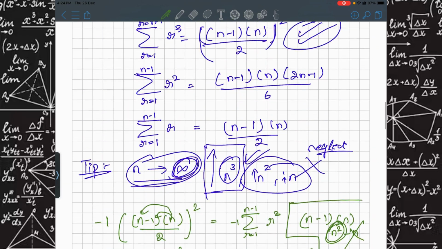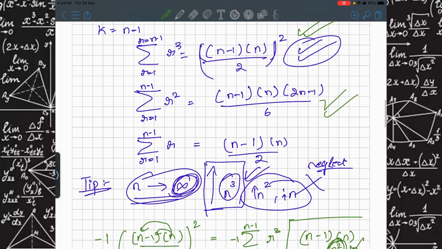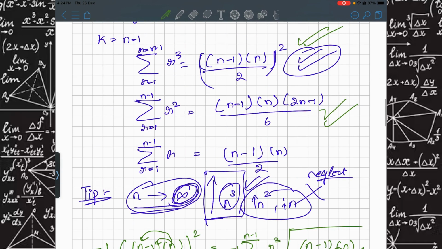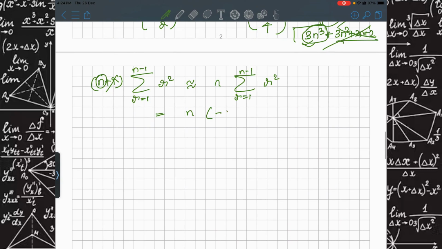So we have already computed the value for r square, which is this. Just multiply it. n times n minus 1 times n times 2n minus 1 divided by 6, right? So here n times n, 2 n square, n cube, 2n power 4.